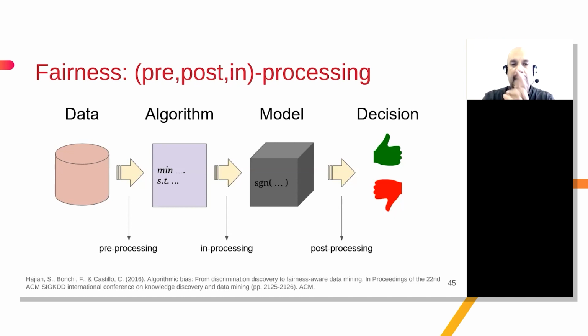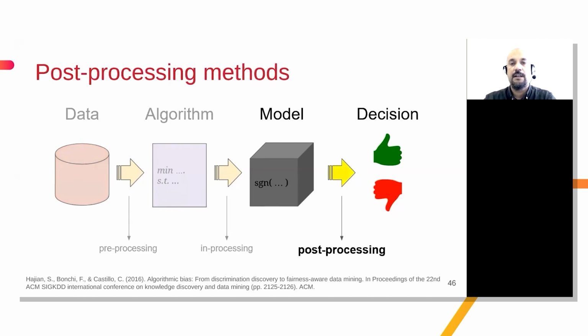You can change the algorithm that creates the model, that means the learner, if you are trying to create a fair ranking, or you can post-process the decision, right, and flip some decisions to make the algorithm pass. These are called pre-processing, in-processing, and post-processing strategies for algorithmic fairness.